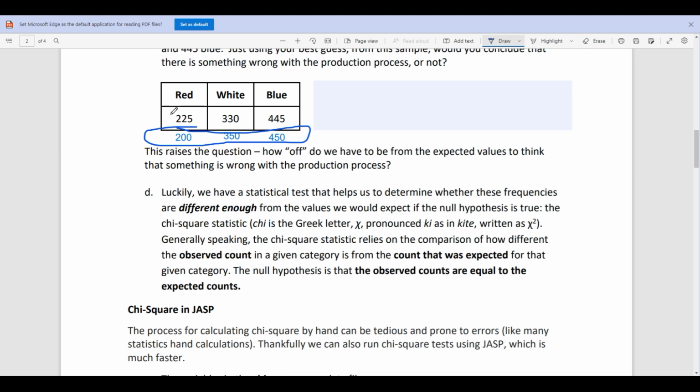We then want to compare what we expect down here versus what we actually see up here, to determine whether these differences are large enough that we would conclude, no, that's too weird. We reject the null hypothesis and say that actually these proportions are in fact different from the ones we started with, those population proportions.